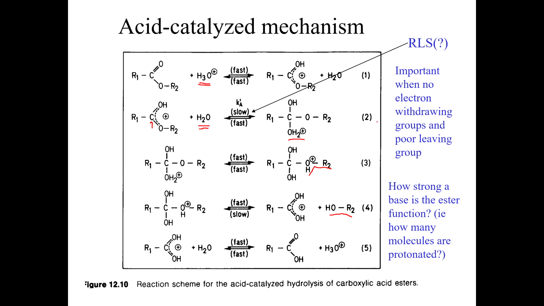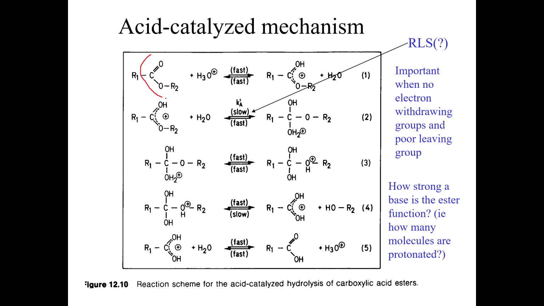So this tends to be important when there are no electron withdrawing groups and the leaving group is pretty poor. So by protonating the leaving group, you can make it a better leaving group, and that's why this mechanism is most likely to occur when you have a poor leaving group. And one of the key factors is how strong a base this ester functional group is.